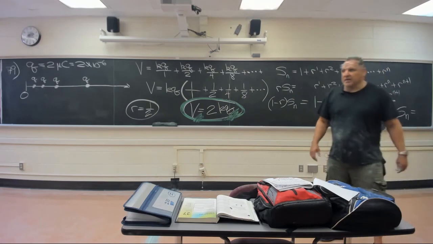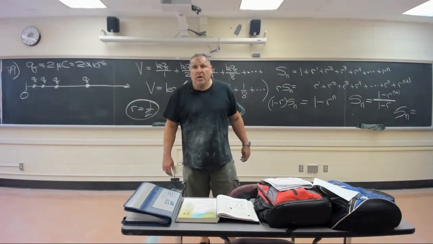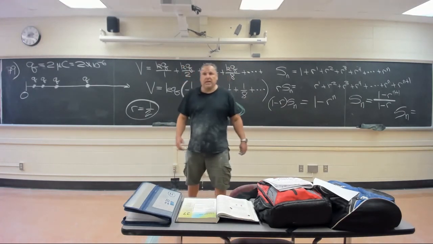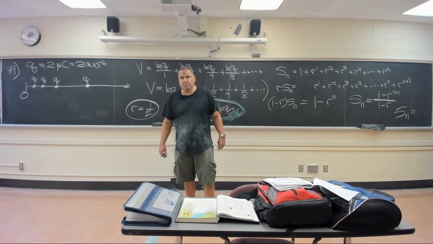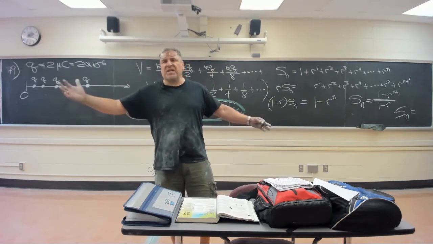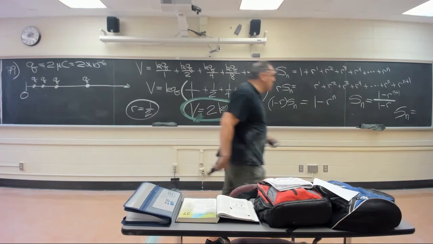2 to the 10th is what? I mean, it's 32 times 32. Let me see here. 60. It's 1,024. 1 over 1,024 is tiny. You take it to the million power, it's really tiny. It goes towards 0.